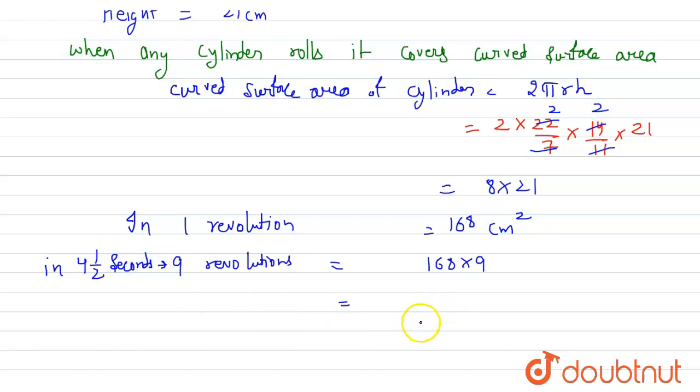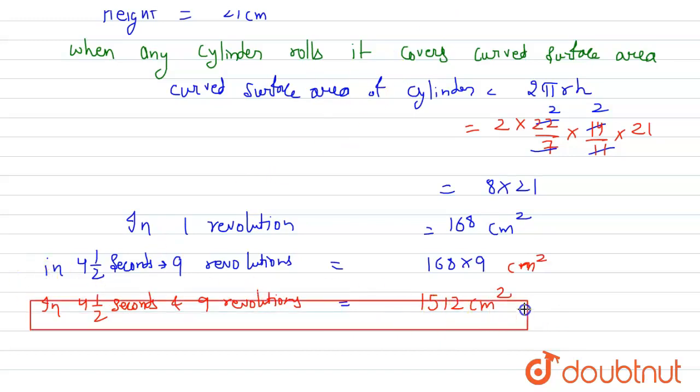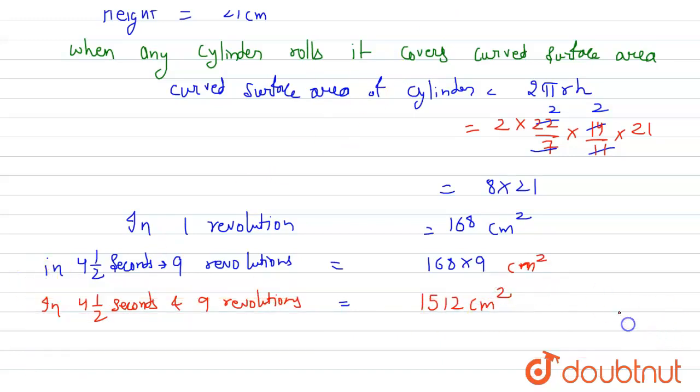So we just have to do 168 multiply 9, which is 1512 centimeters square in 4.5 seconds and 9 revolutions. That would be our answer for the question.